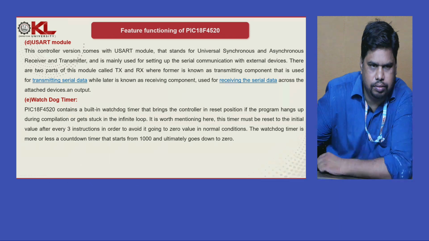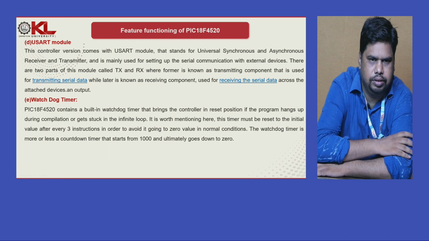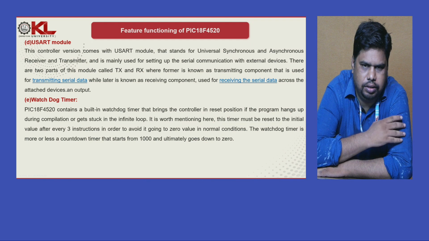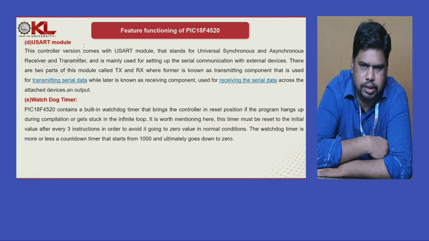Now come to this USART module. You know that this is used as a universal synchronous and asynchronous transmitter receiver, basically used for serial communication with external devices. There are two parts, transmitter and receiver, where the former is the transmitting component used for transmitting serial data.